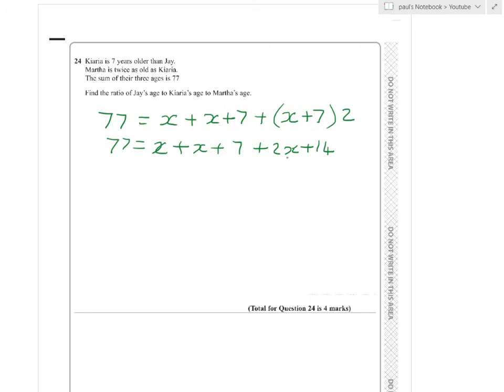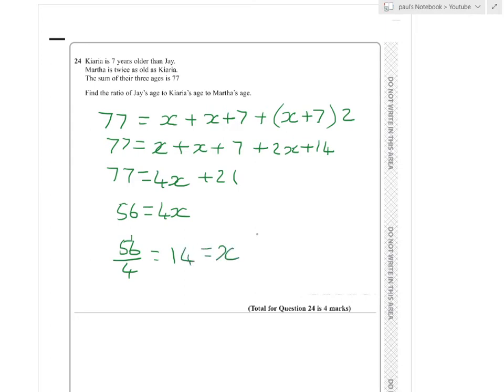It's 4x plus 21 plus 21. Take that away from that, it'll give 56. 56 equals 4x. Divide by 4. 56 divided by 4 is 14. 14 equals x.